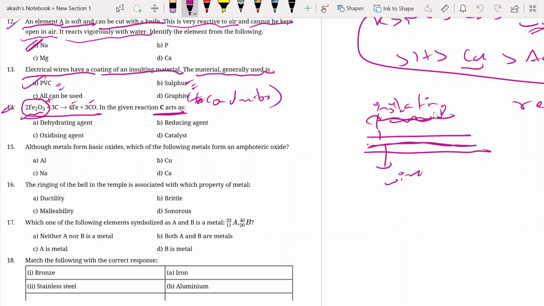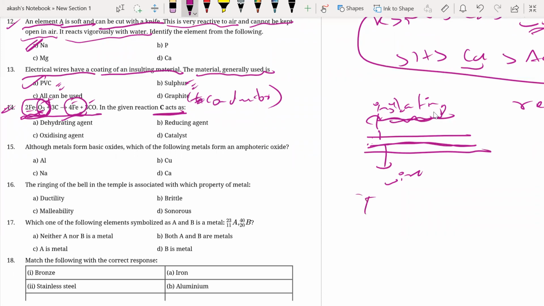Okay, now you look at the reactant Fe2O3, it was with oxygen, right? And what is happening to iron in the product side? I have removed oxygen, is it not? In the reactant side, iron was with oxygen, and in the product side, only iron is there, oxygen is not there.